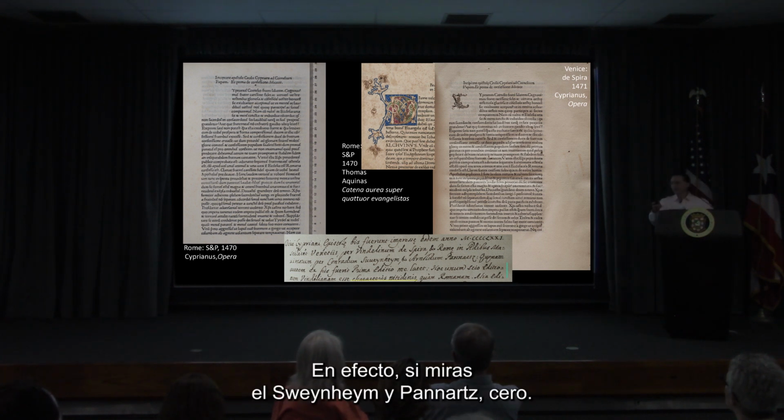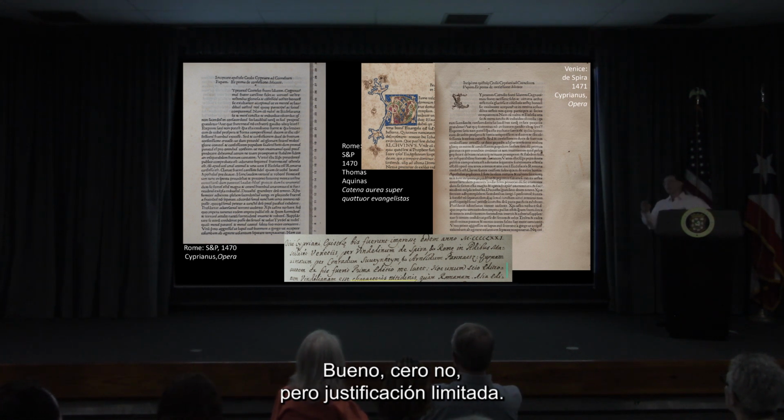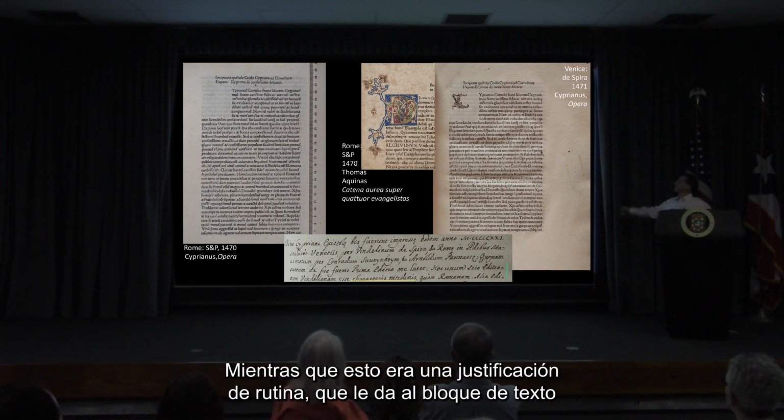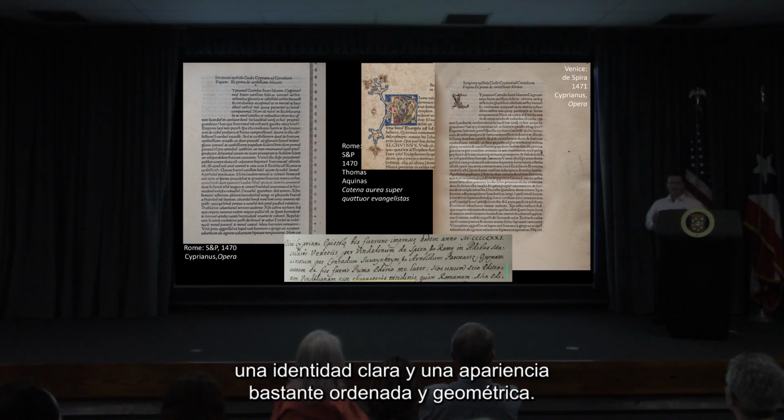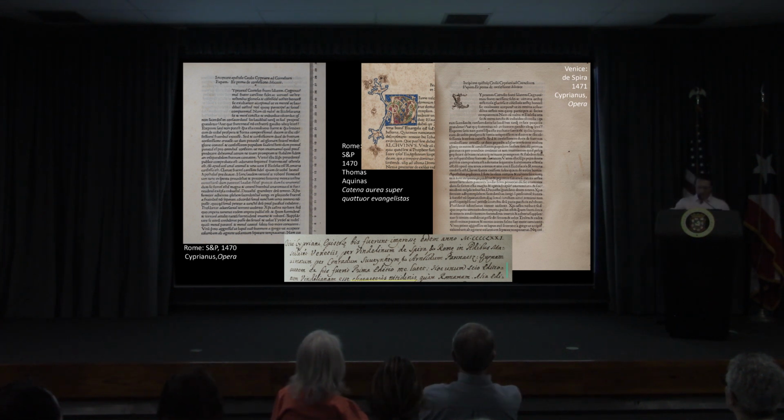Indeed, if you look at Sweynheym and Pannartz, limited justification. Conversely, this was routine justification, which gives the text block a clear identity and quite a neat, geometric look.